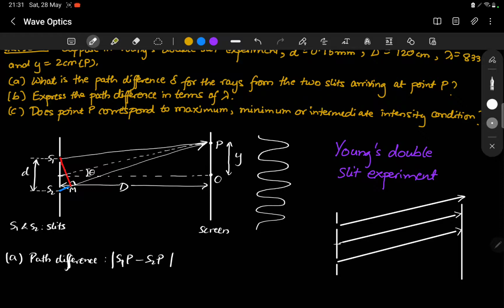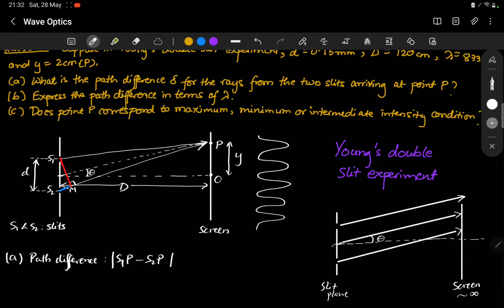All these lines are going to be parallel when the screen is very far away, or practically speaking at an infinite distance from the slit plane. Now, by geometrical construction, this angle is what we are taking as theta.